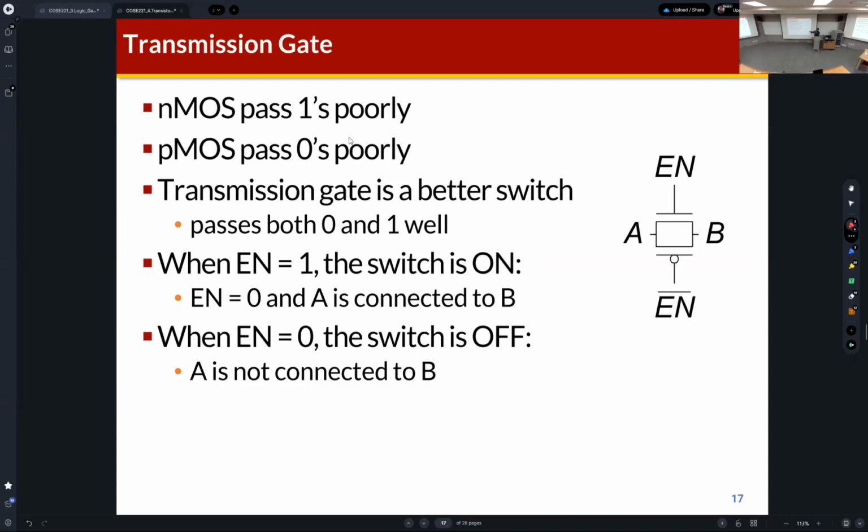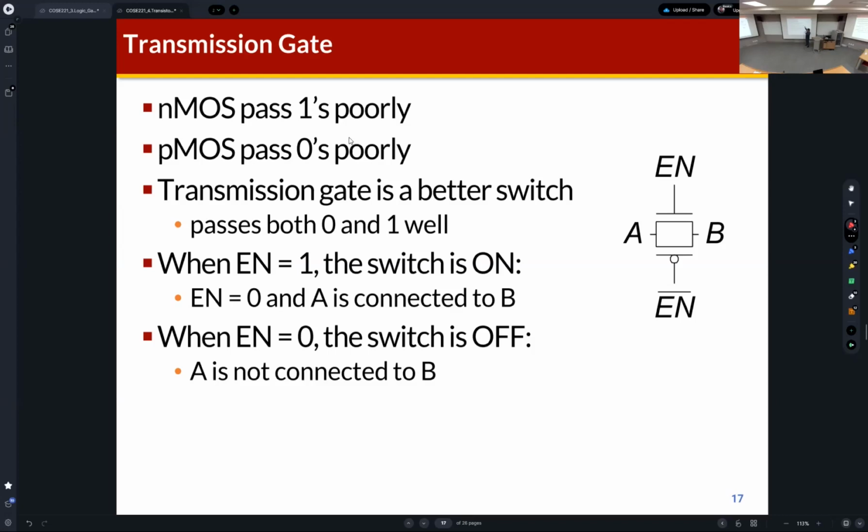It is because of the electric characteristics of a transistor. As you can see, NMOS passes the high voltage signal well, and the PMOS transistor passes the low voltage signal well.